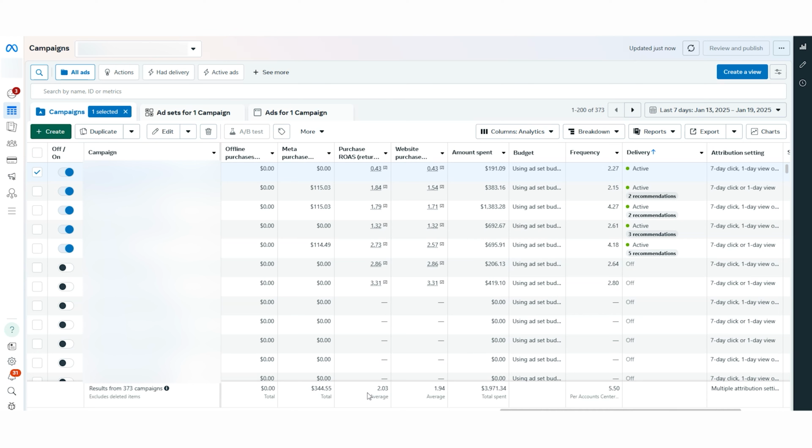But why? Because this previous Sunday, on the 19th, TikTok was about to be banned in the EU. So a lot of people started advertising in Meta.